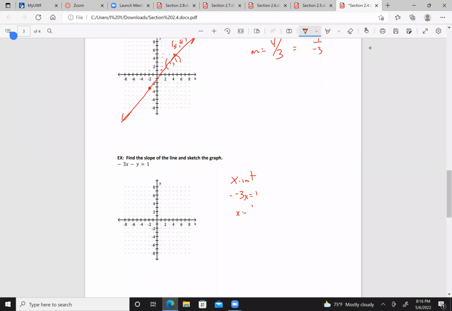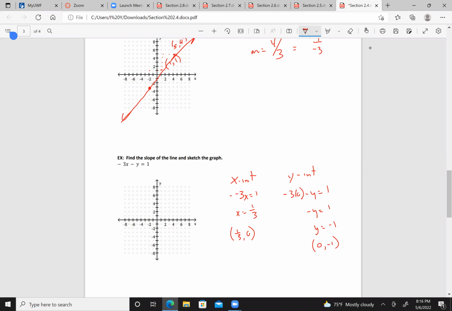So x equals 1/3. So we have a point (1/3, 0). And to find the y-intercept, we set x equals 0: -3 times 0, minus y equals 1, negative y equals 1, y equals -1. So that gives us a point (0, -1).